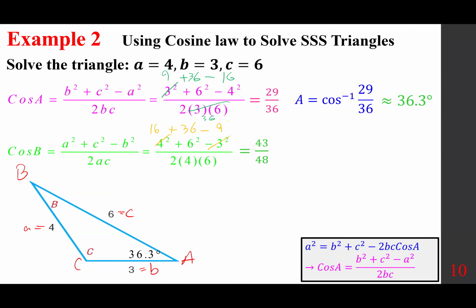So angle B is cosine inverse of this number. Putting it into a calculator, 26.4 degrees. So we put 26.4 degrees here. And so what about C? We're not going to go this route. We're just going to say add these two, subtract it from 180.